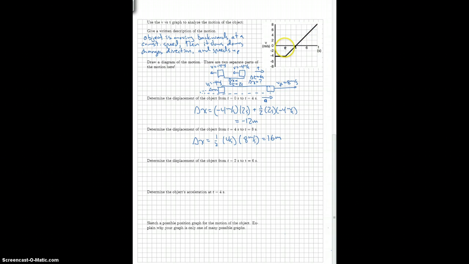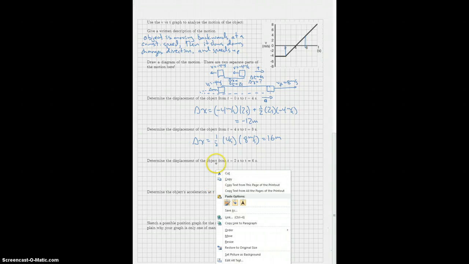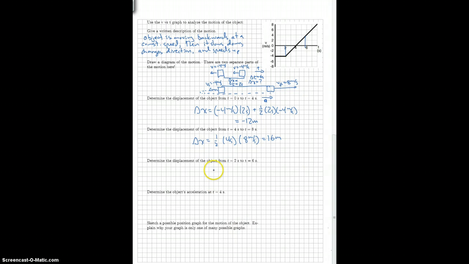I'm definitely finding the area here, but let's use symmetry to our advantage. 4 is right at the midpoint there, and the slope never changes there. So those areas are going to cancel out. They're symmetrical. So we can do that sort of by inspection of the symmetry of the triangles.